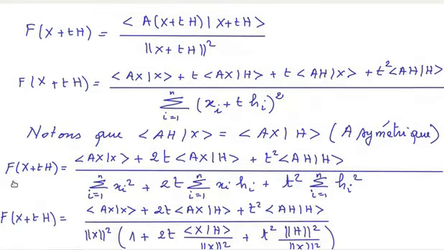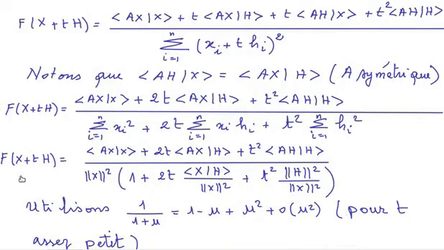And so, finally, the expression of the image of x plus th by f becomes Ax dot x plus 2t Ax dot h plus t squared Ah dot h, divided by, we expand this square, so it will give the sum from i equals 1 to n of the squares of xi, plus the double products 2t times the sum from i equals 1 to n of xi hi, plus the sum of the squares of the second term, so t squared times the sum from i equals 1 to n of hi squared.